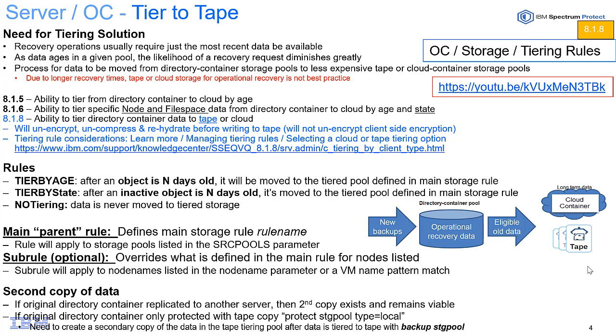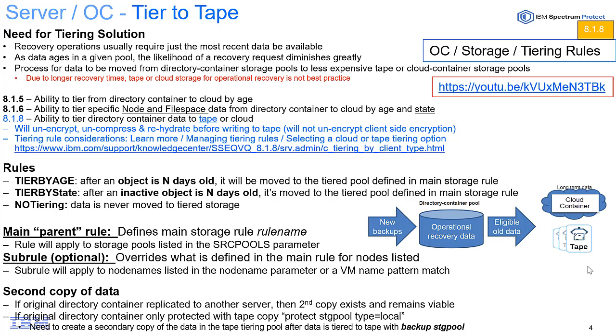So we have three basic types of rules, and those are tier by age. So we're going to tier the data if it's a number of days or older. Then we have tier by state, which will tier inactive objects that are a specific number of days old. And then we have no tiering, which says this client's data should not be tiered.